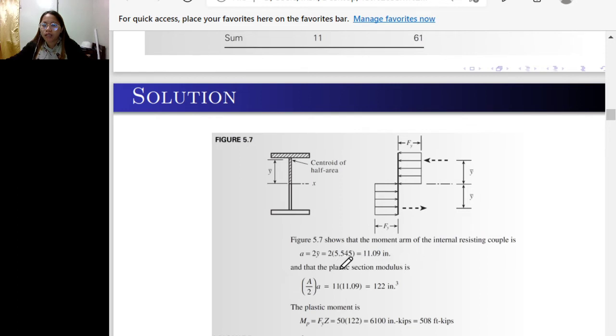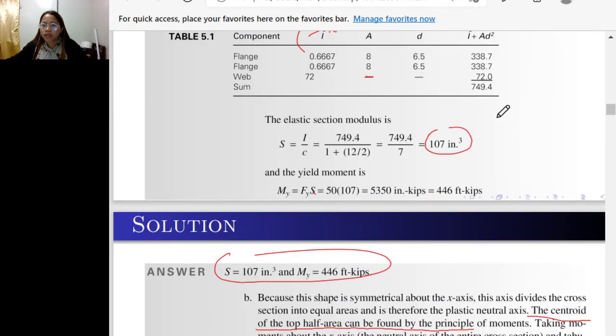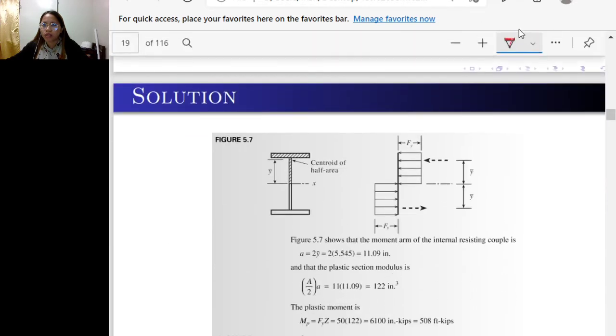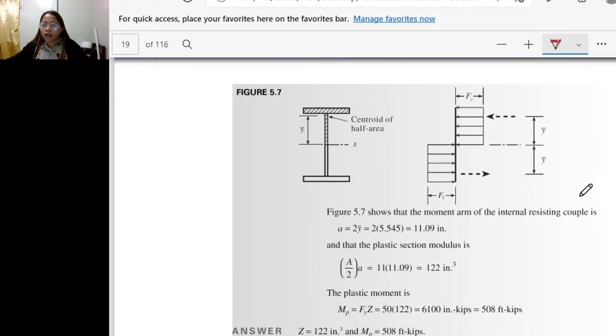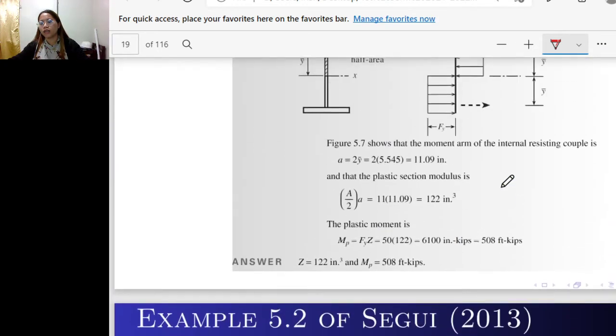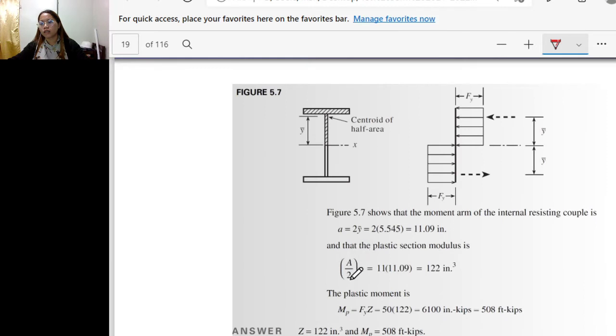And the plastic section modulus, if you remember, is equal to half of the area times the distance from the centroid of the tension side to the compression side. So half of the area.